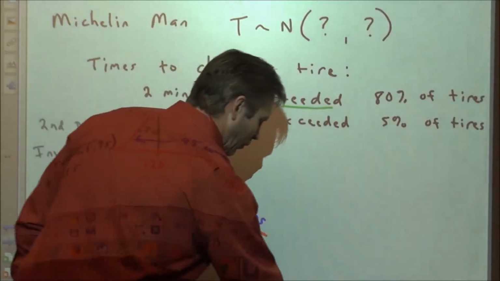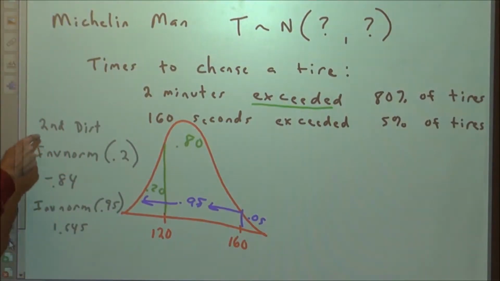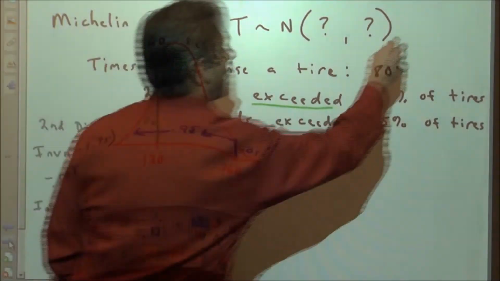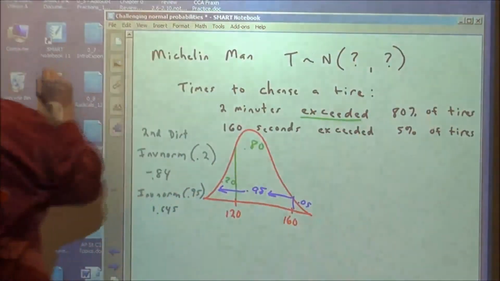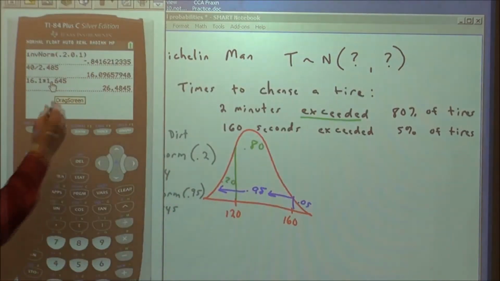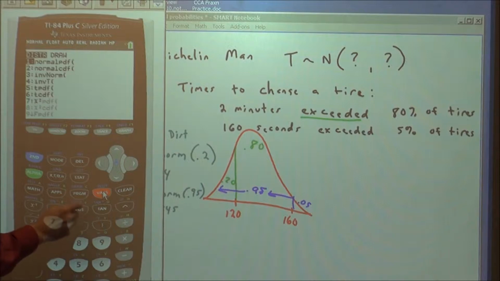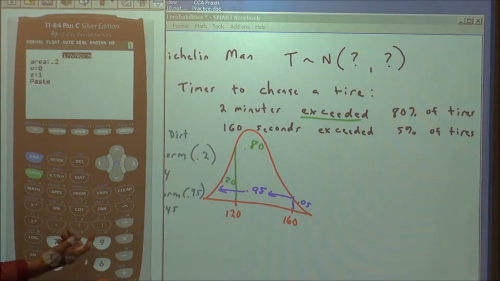You can use the normal distribution table, but since you have a calculator, it's more efficient to go second distribution and use the inverse normal function on your calculator. If we go to the calculator, we're going to clear this out. We go second distribution, then to number 3, inverse normal, and we type in the area.